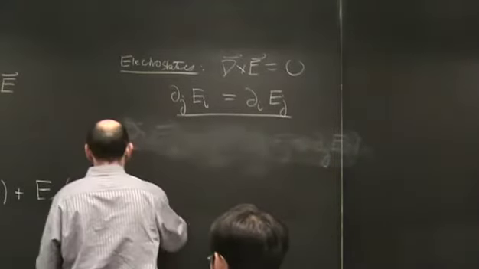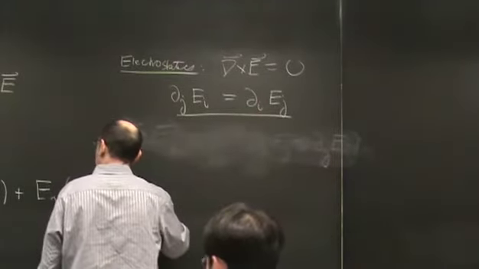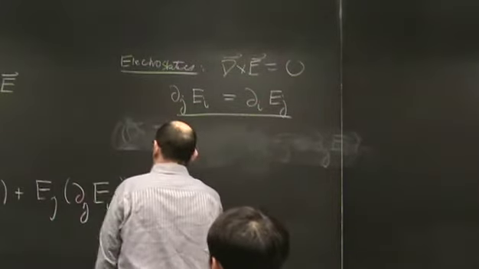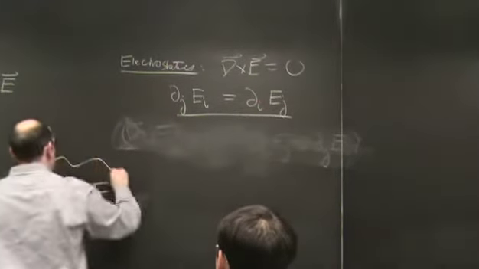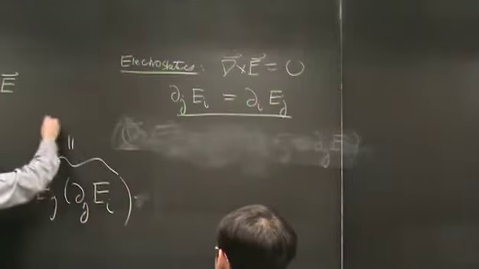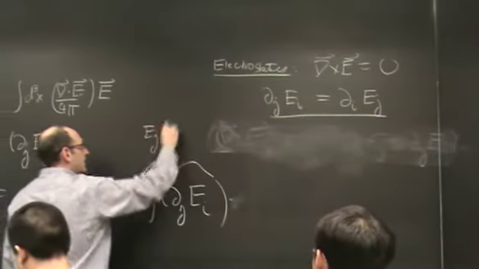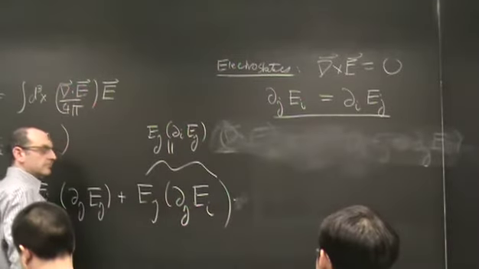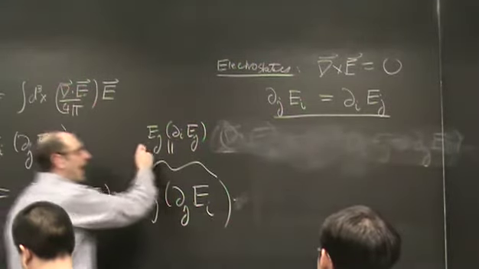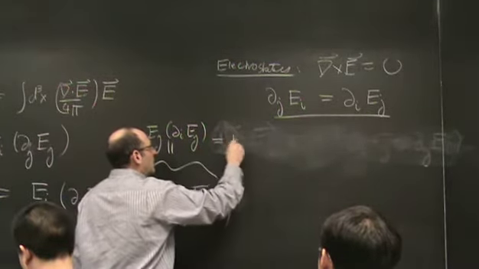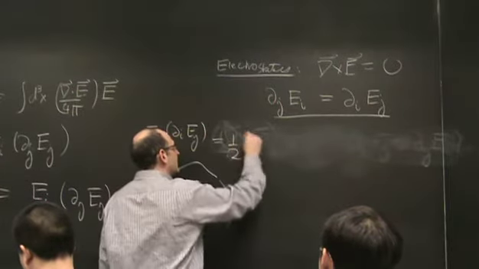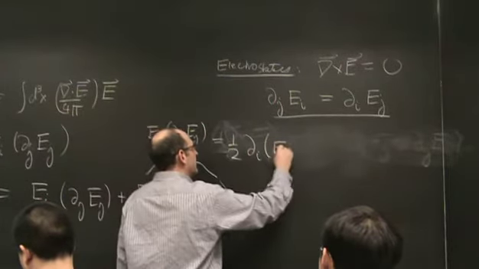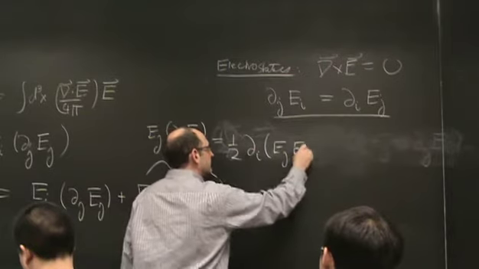And that tells me that this is equal to, I can take this guy over here and write it as E_j partial_i E_j. But that is equal to 1/2 the partial of i of E_j E_j, right?